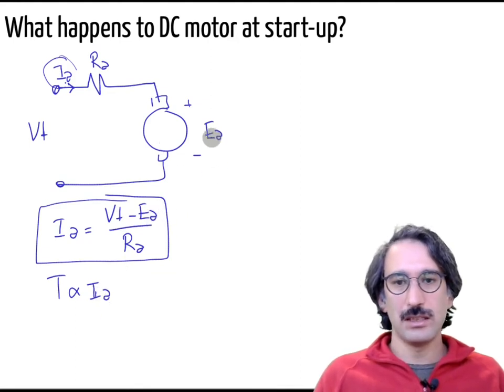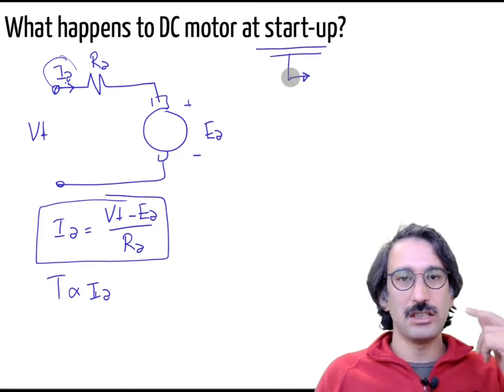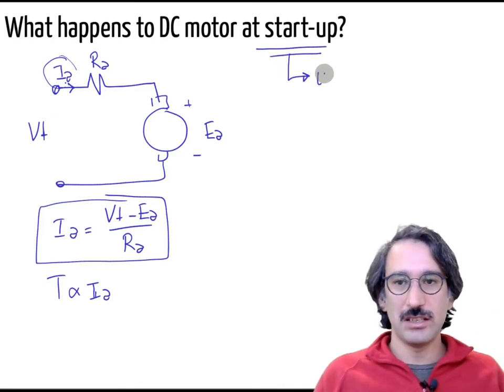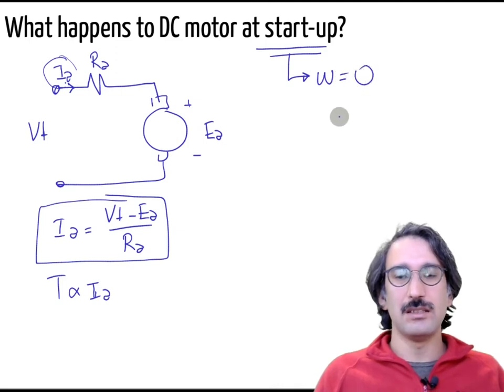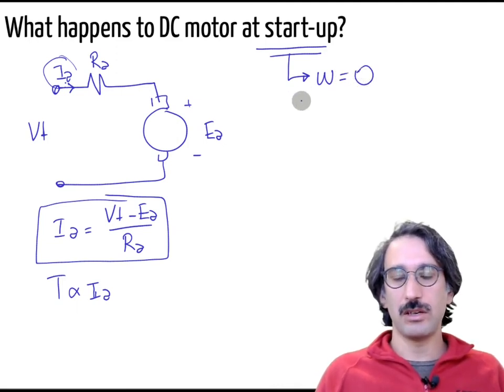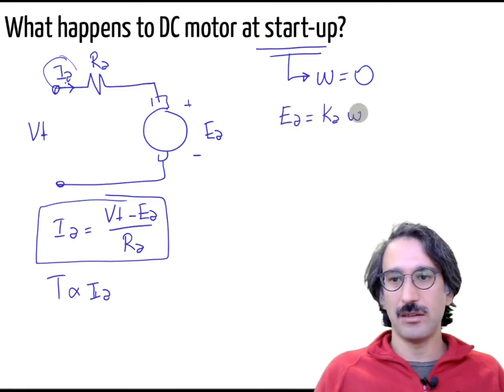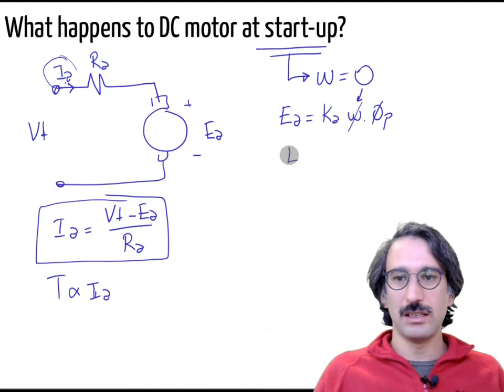So the question is, what happens at startup, which means when the machine is just started or when it is stationary, so when the speed is 0. If the speed is 0, then what was EA? Let's write it again: KA times omega times flux per pole. If that is 0, then EA is 0.